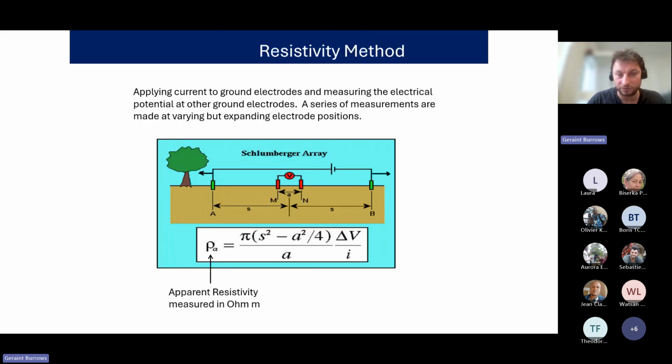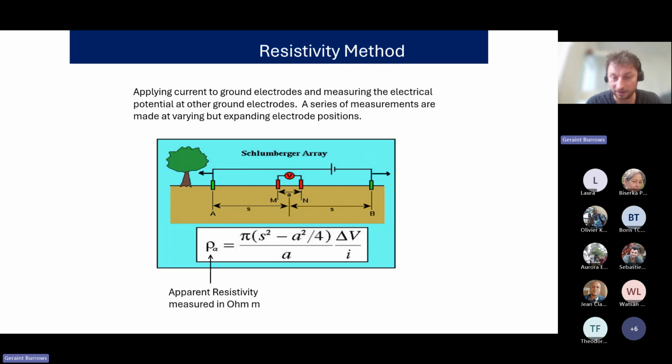And we do get that within basement rocks because you have your crystalline rock, which is a very high resistivity, which is then overlain by the weathered area, which will have water content in it, as well as comprising sands and clays.